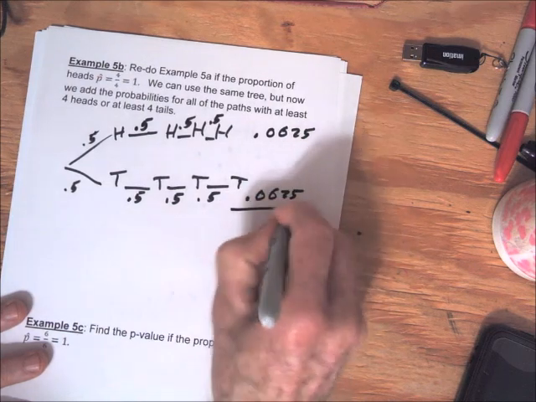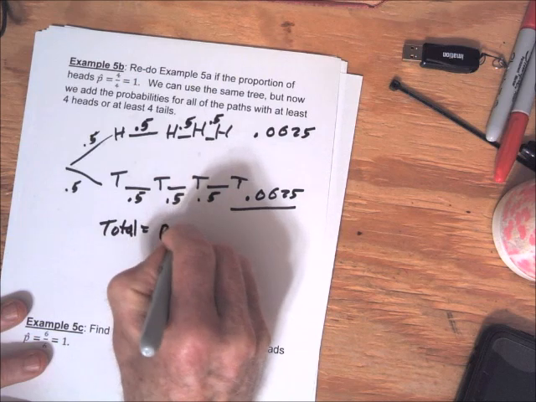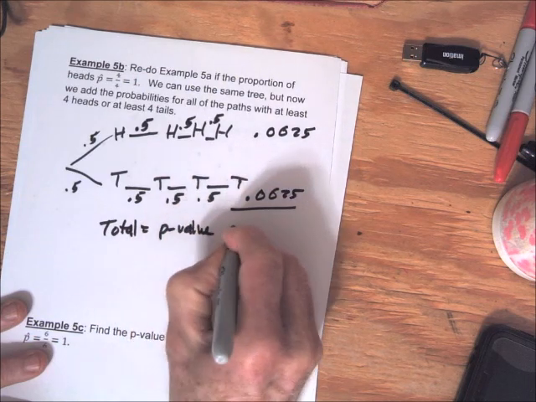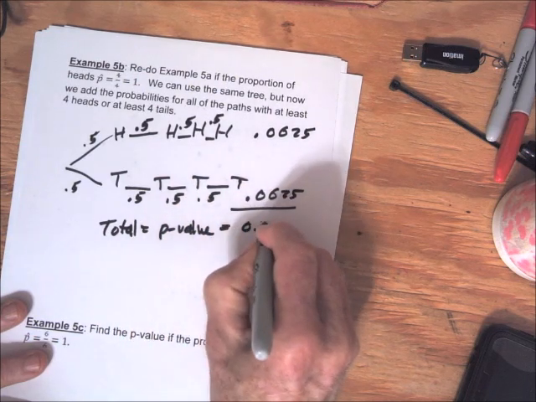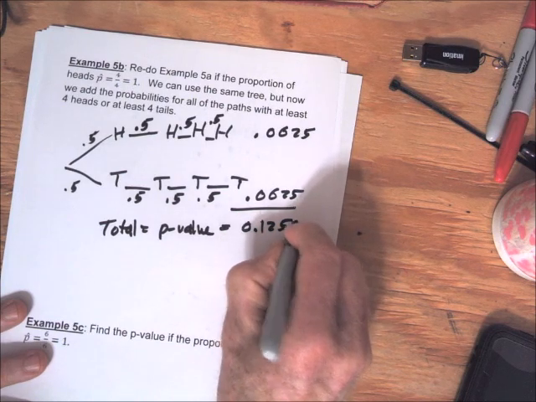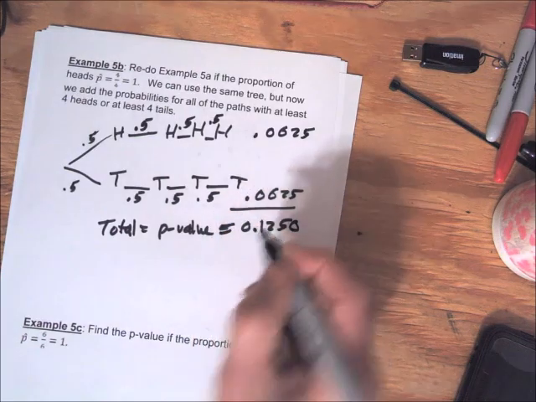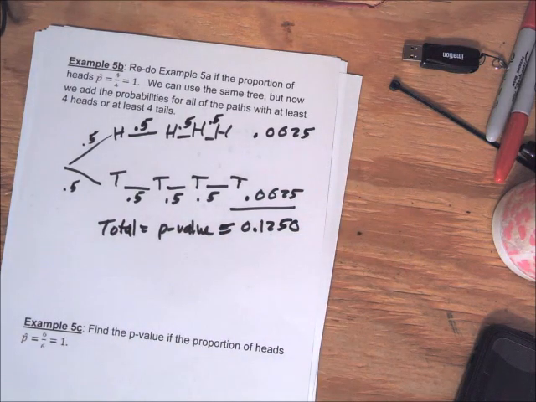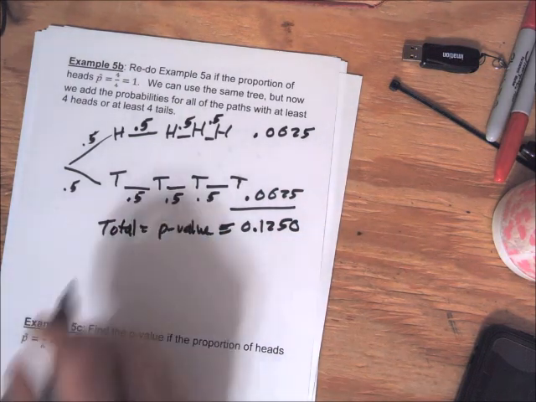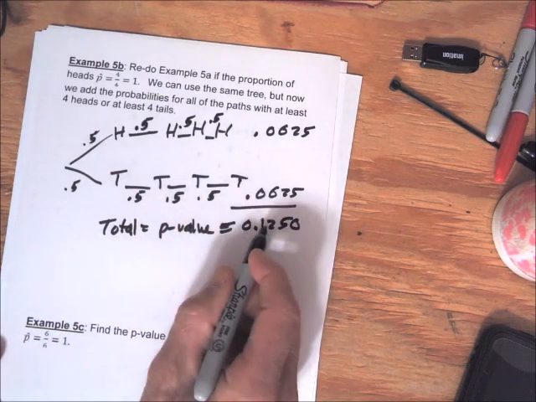And then the total, which would be the p-value, would be 0.125. If you want to put a 0 on the end, you can. But this is still not enough evidence to say the coin is unevenly weighted. It's still more than 0.05, and it's actually even more than 0.1.